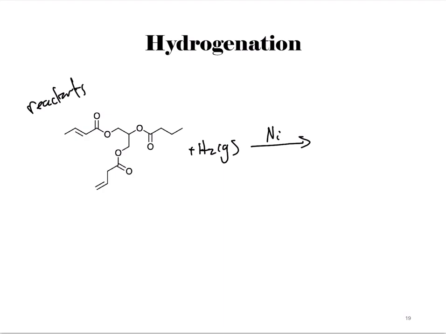And then our product is basically we're going to go through at every double bond here, which are just these two carbon-carbon double bonds, and we're just going to replace those with hydrogens in that molecule.